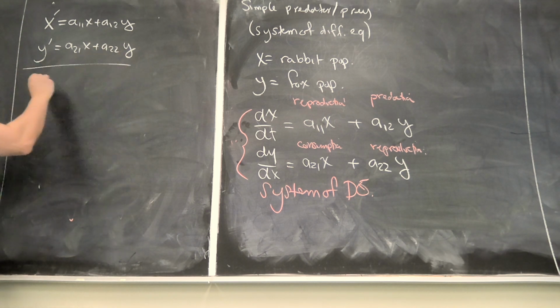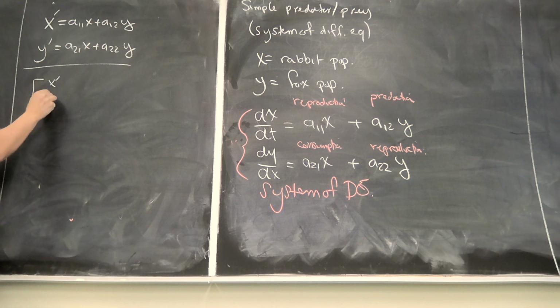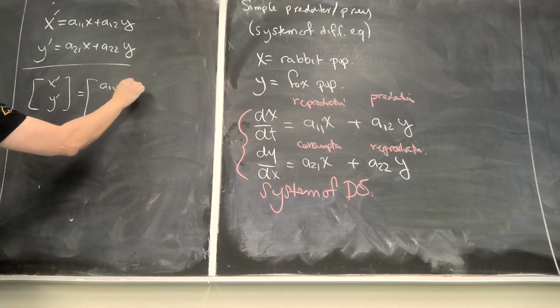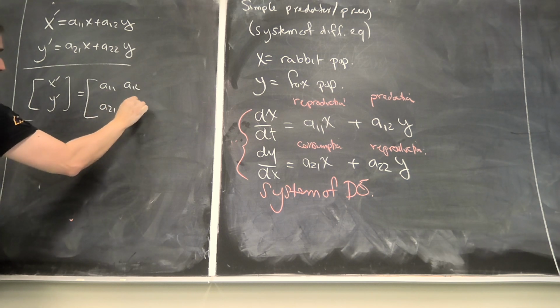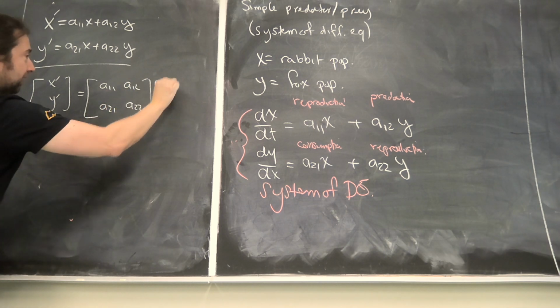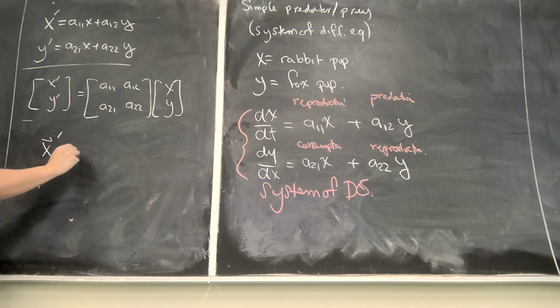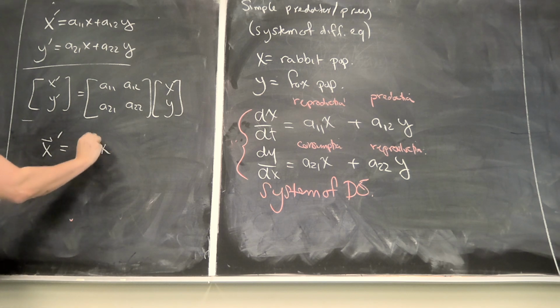You can rearrange this into the equation (x prime, y prime) is equal to the matrix (a11, a12; a21, a22) times (x, y). And if I want to use vector notation, I could rewrite this as x prime is equal to A times x.